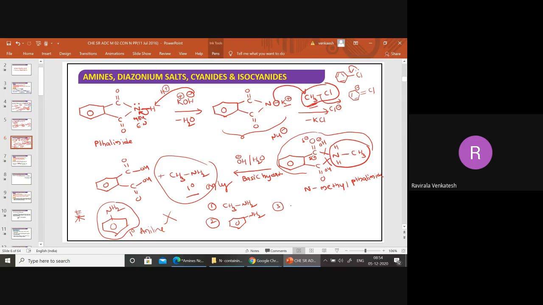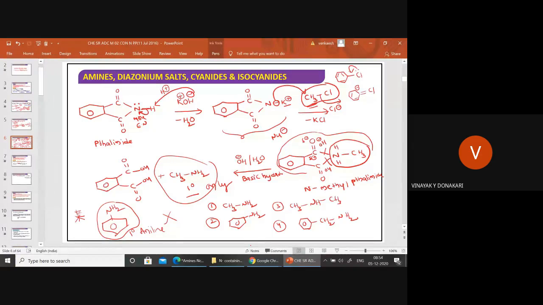Third one, aniline. Fourth one, CH3 like this. Tell me which can be produced and which cannot be produced in the Gabriel phthalimide synthesis.